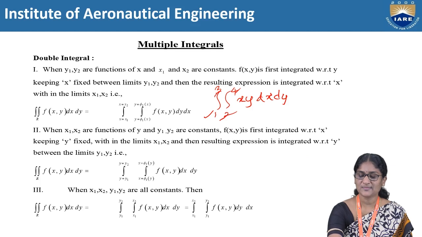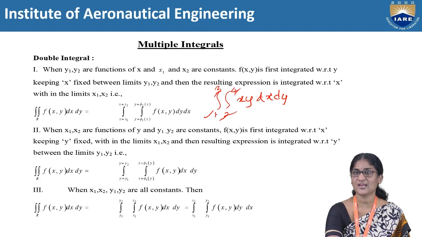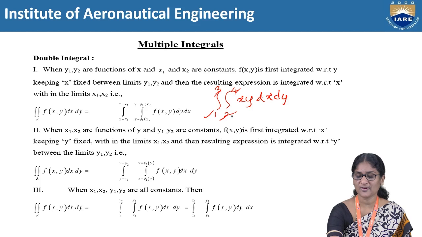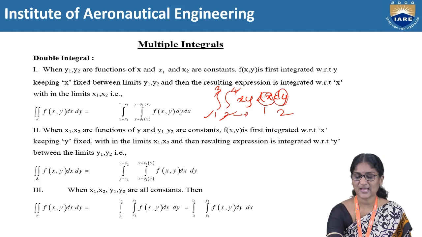So now we'll find out to what variable the limits 2 and 4 refer, and to what variable 1 and 3 refer. 2 and 4 refer to the variable x. The inner part has to be integrated first, then we take the outer part. So these are the values of x and these are the values of y.